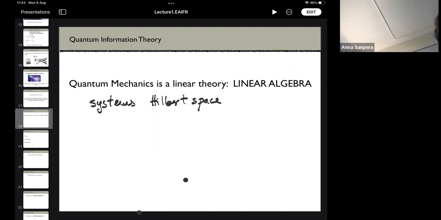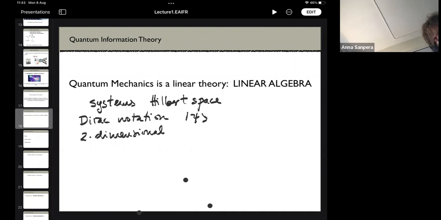We always use, because it's much easier, the Dirac notation, which I already used when I was explaining the interferometer, where a state will be phi. In particular, we use two-dimensional systems, and I will say why. Of course, because these are going to be qubits. These two-dimensional systems have a basis, called the computational basis, which is a 0 and a 1, as simple as that.